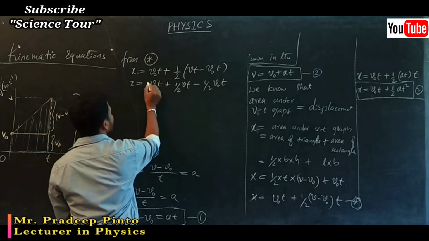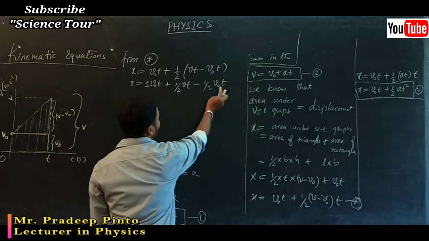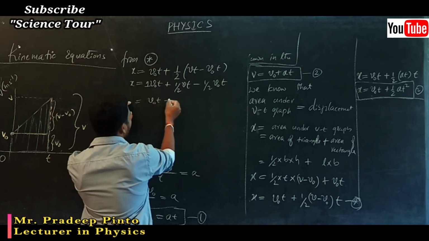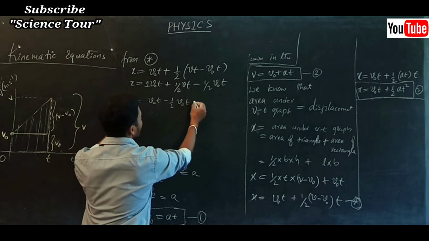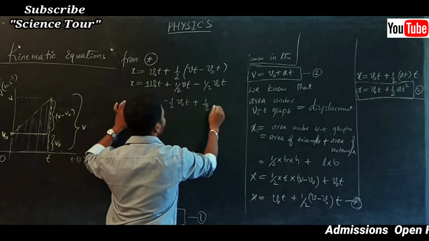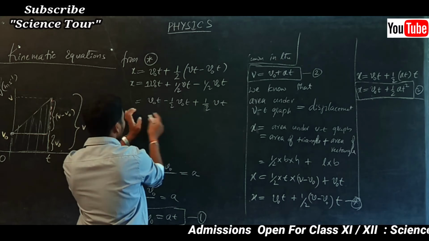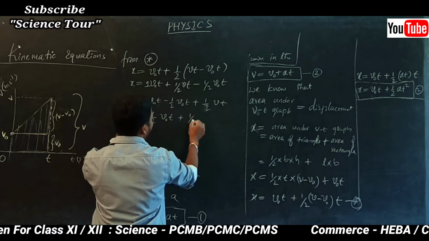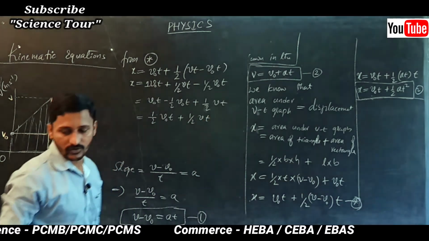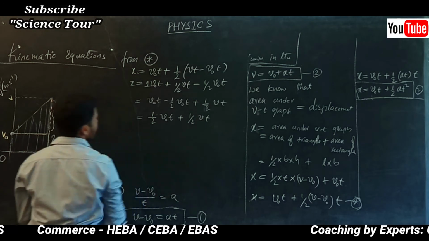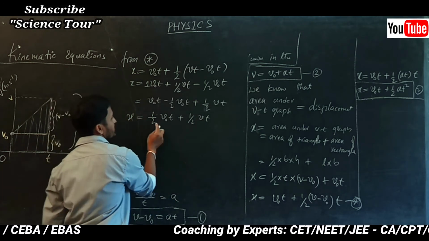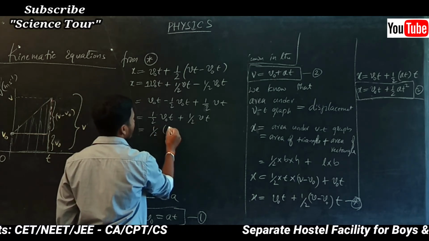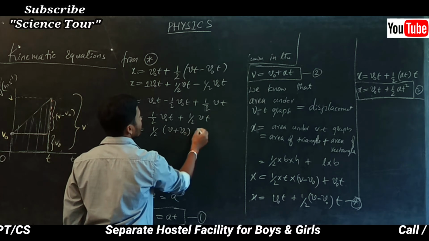This is nothing but 1 V naught t, this is half V naught t. So you can write 1 V naught t minus half V naught t plus half Vt. 1 minus half is half. So half V naught t plus half Vt, which is equal to x. Half is common, t is common. So you can write half here, V plus V naught into t.